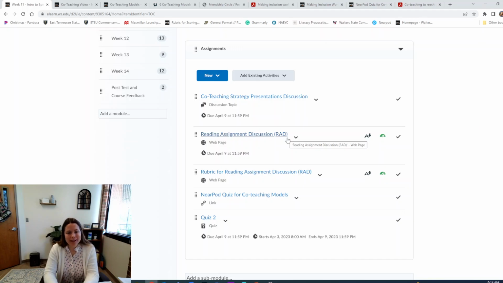So if you've not done any and you're just now getting started, and you do this week and next week, that's only 2 RADs out of the 4 that you were supposed to complete. So just keep that in mind. As always, I give you the rubric for the RAD.